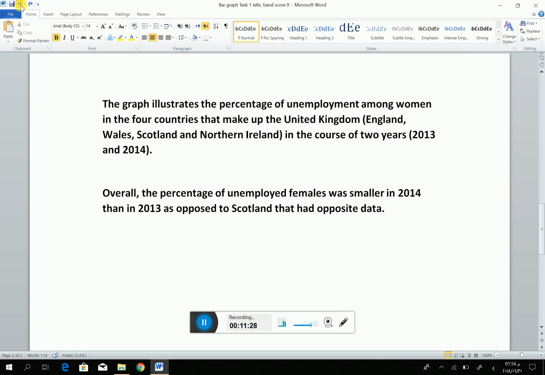The body paragraph will be like this: as is observed in the displayed data on the graph. You can start with this sentence. What happened?